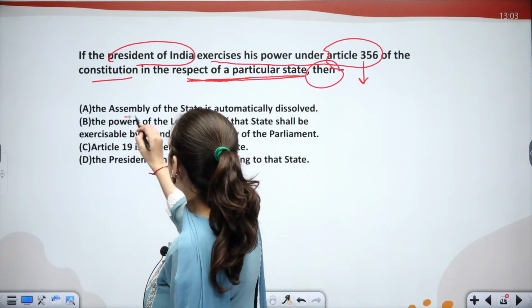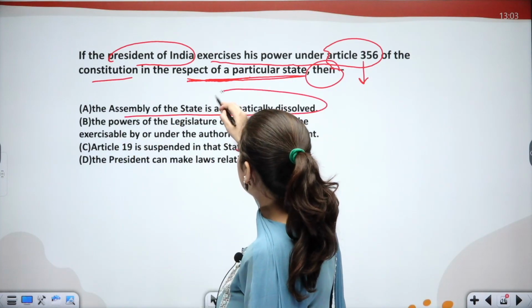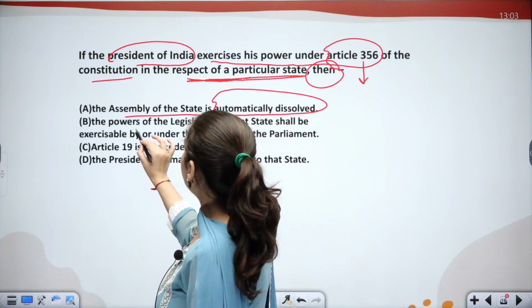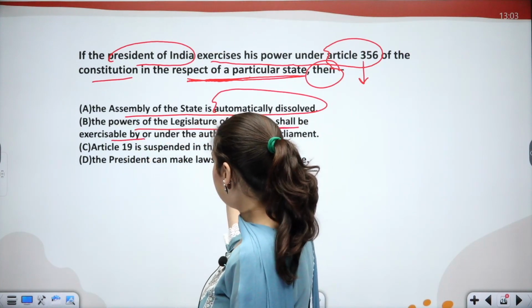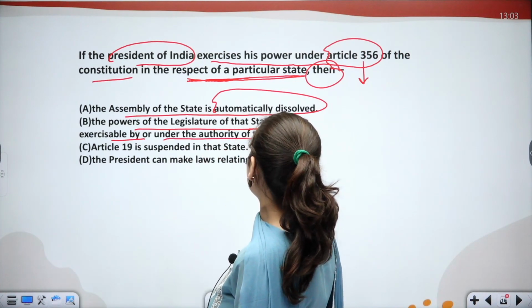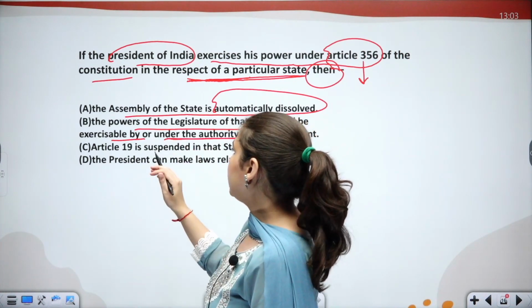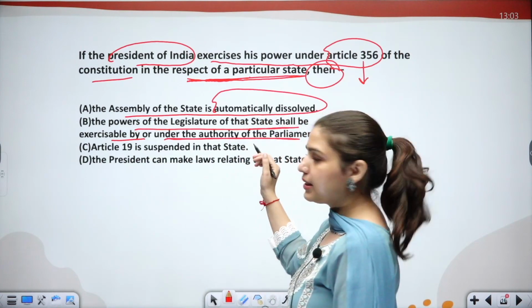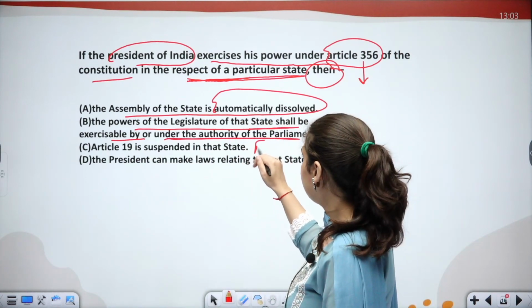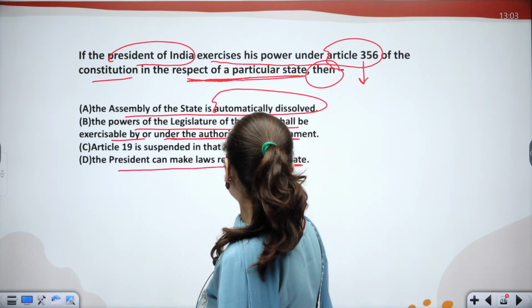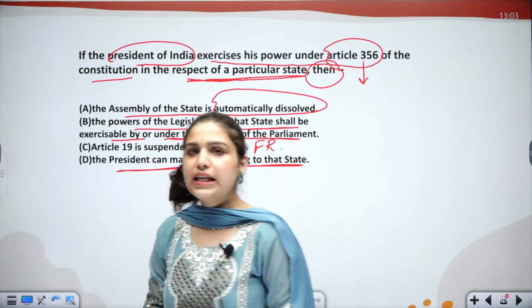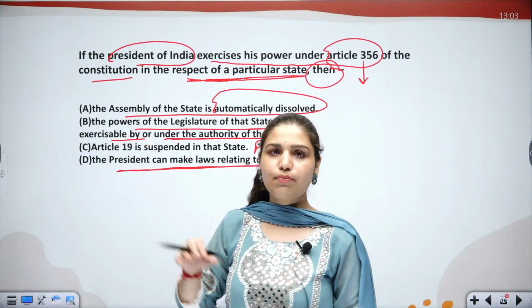Option A: the assembly of the state is automatically dissolved. Option 2: the power of the legislature of that state shall be exercisable by or under the authority of the parliament. Option 3: Article 19 is suspended in that state, it is a fundamental right. Option 4: the president can make laws relating to it. We have discussed all these points in this video.